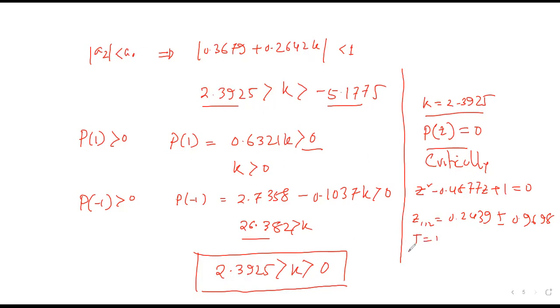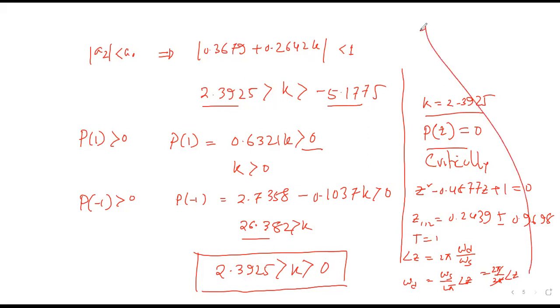We know that the angle of z equals, as we derived in the last class, 2π ω_d by ω_s. And we are interested in ω_d, the frequency of oscillation. So we can say that it will be ω_s by 2π times the angle of z. T is 1, so ω_s will be 2π by 1, which is 2π, and the 2π gets cancelled out, so only the angle of z remains.